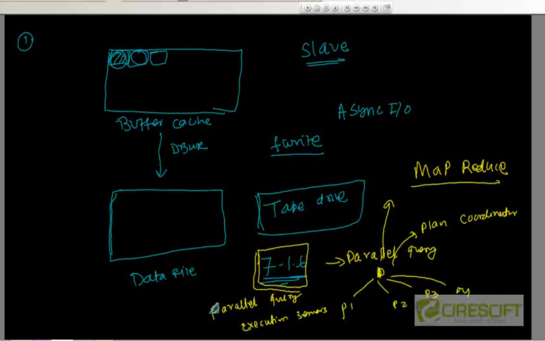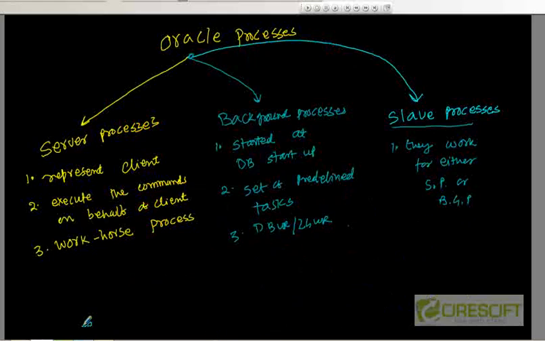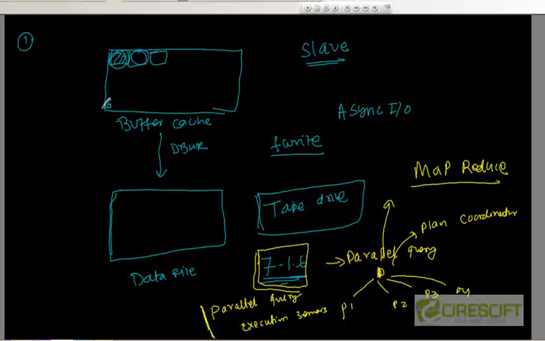And this is a slave process. This slave process works for the dedicated server. So this is in accordance with what we discussed. Slave processes are the processes which work either for a server process or a background process. In the first example that we discussed, the writer, it worked for the DB writer, which is a background process.